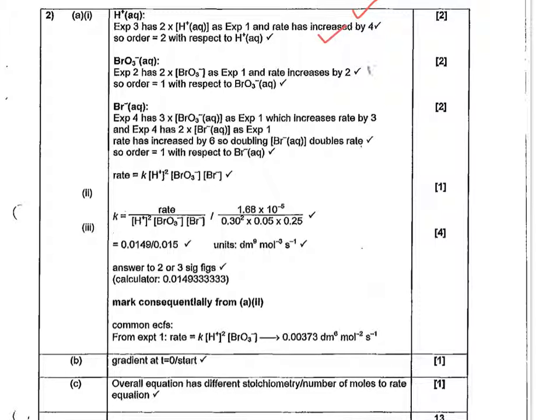We did the same for BrO3 minus, and for Br minus we had the 2 increases that we had to deal with. So that gives us the rate equation K times H plus squared times BrO3 minus times Br minus.